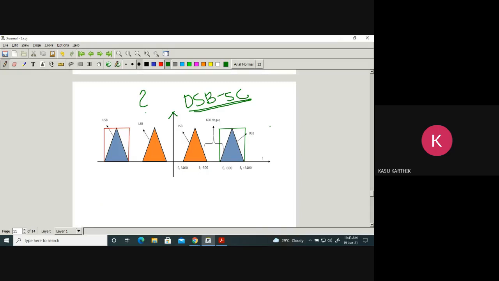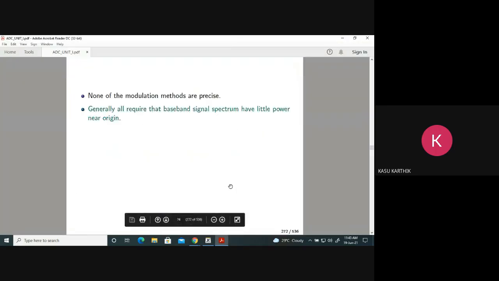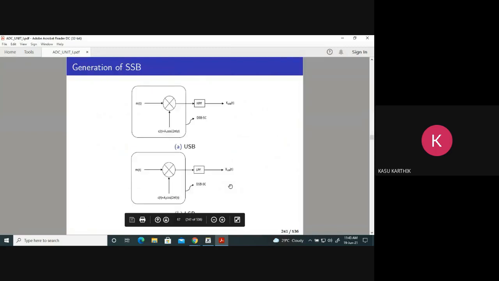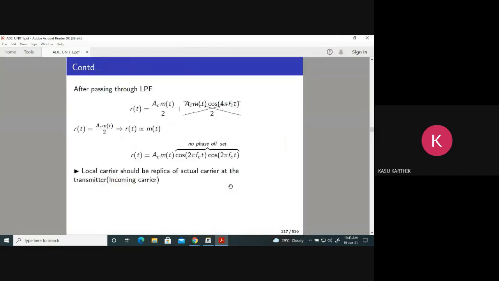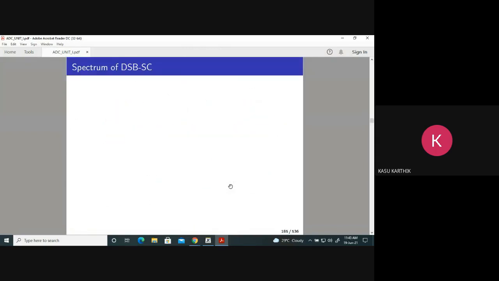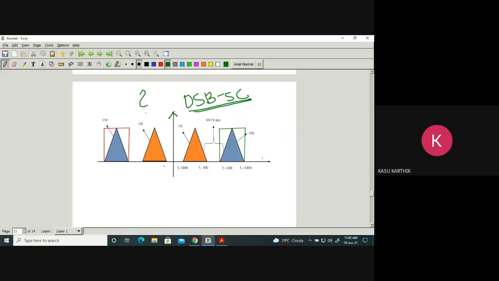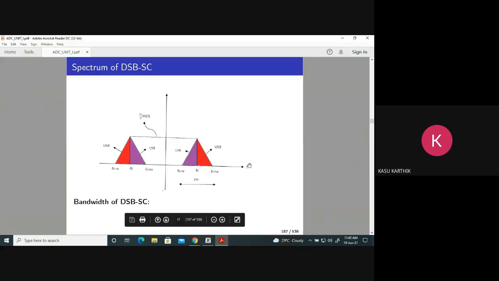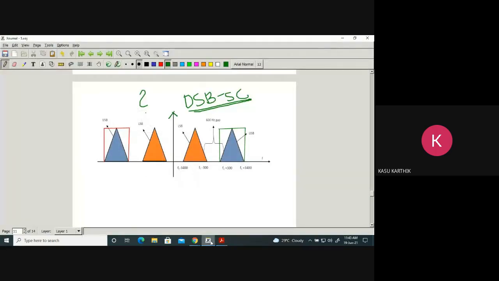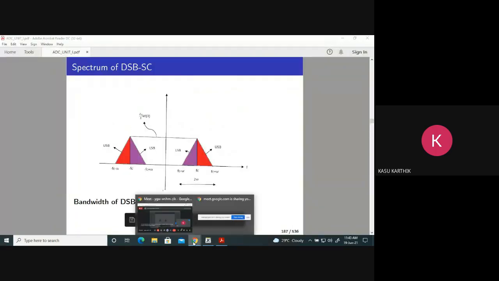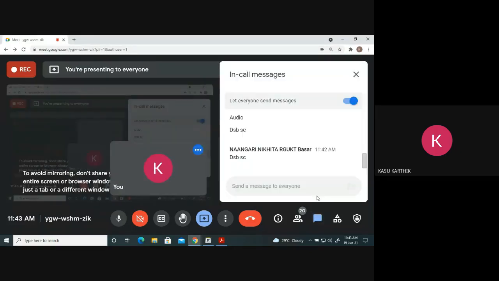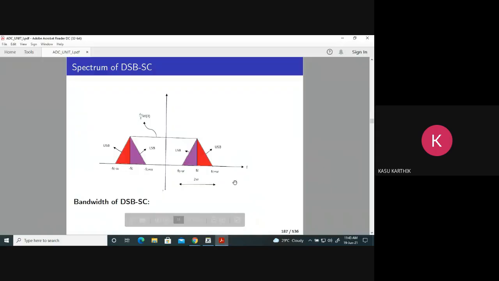If you go back to the spectrum of DSBSC that we discussed, what difference did you observe between these two spectrums? Both are spectrums of DSBSC only.